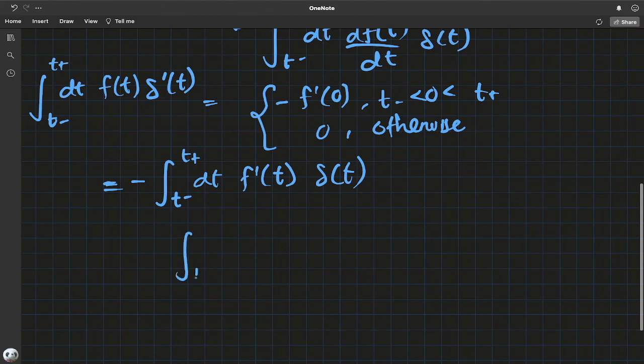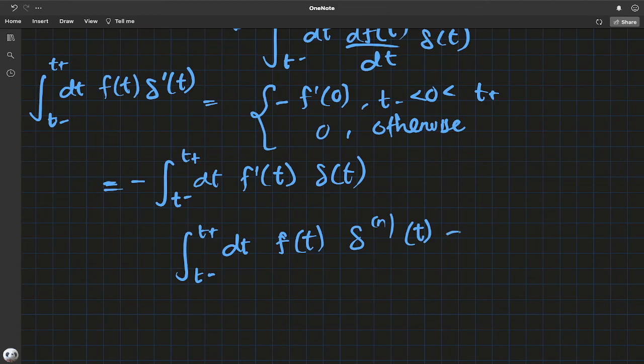A way to generalize this is as follows. Again, it depends on what kind of generalization you want, but the nth derivative of the Dirac delta of t gives minus 1 to the n, because if you see the pattern, the minus will keep alternating, times the nth derivative of f at 0, assuming it exists.